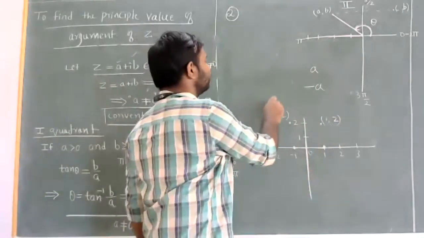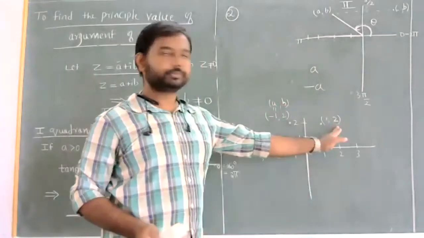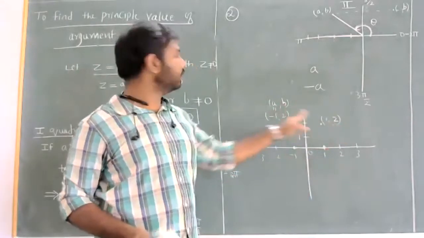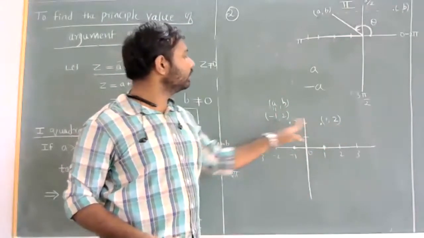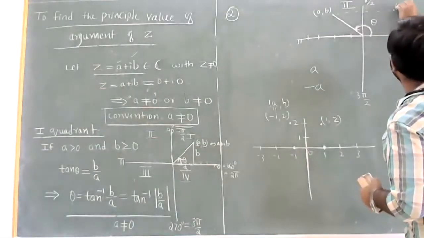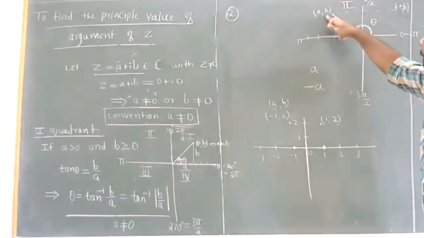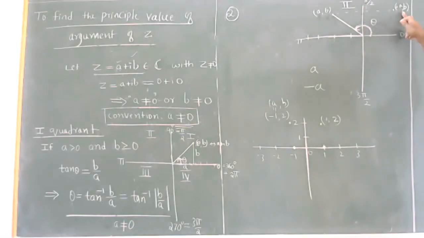So if I take this as a, b, b is constant, only a gets negative. If I take this as a, what will this be? It will be minus here. So the coordinates of this will be minus a and b. Now both are positive. b is kept as it is.